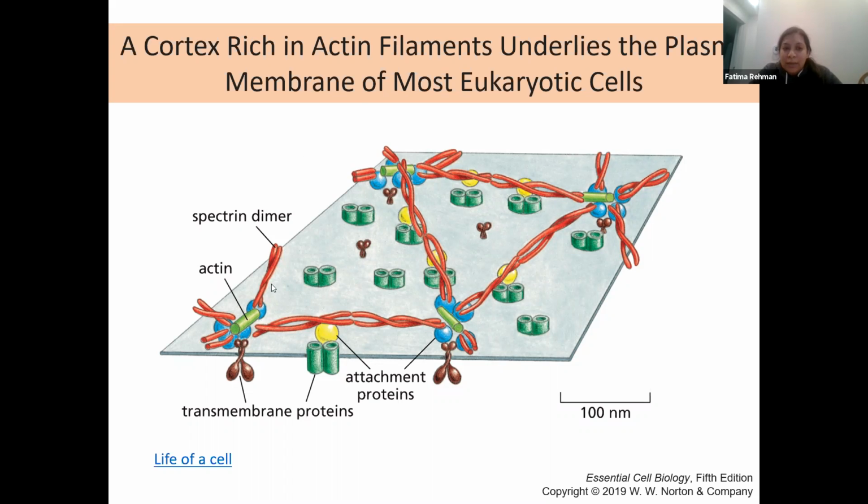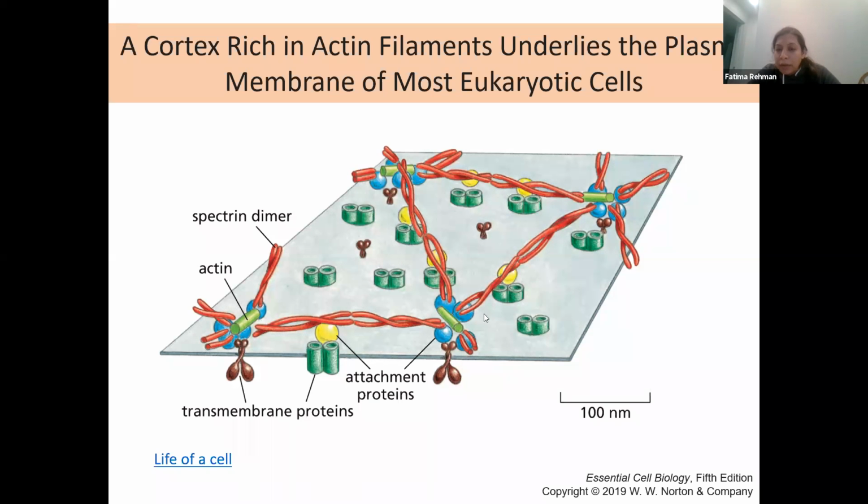So if you look at this, all these red are those little ties that are connecting actin filaments to each other. And so you just see a little tiny piece of the actin. It would be all over the place. They would be creating that bigger structure of the scaffolding. And then the spectrin dimers would be those thin filaments joining all that scaffolding together.